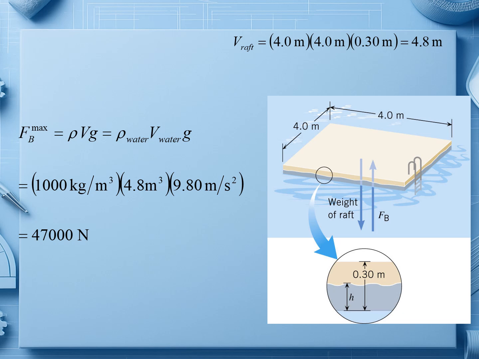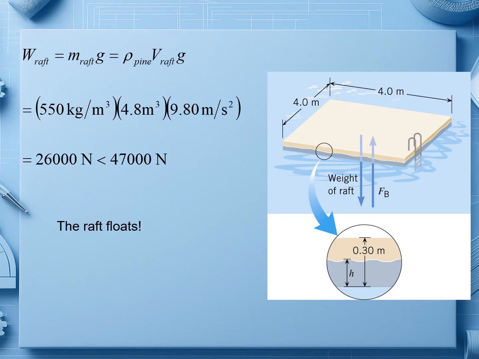So we have 47,000 Newton. Since 47,000 Newton is greater than 26,000 Newton, it means the raft floats.